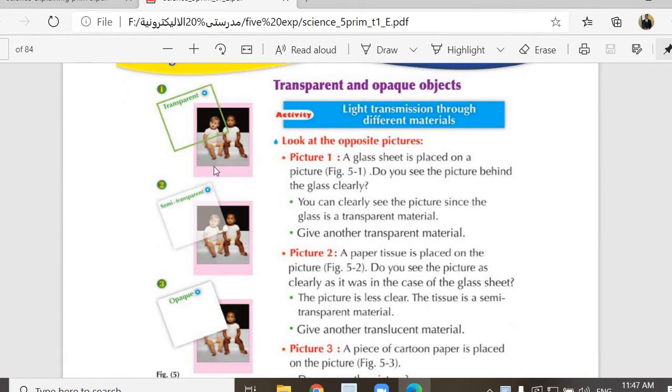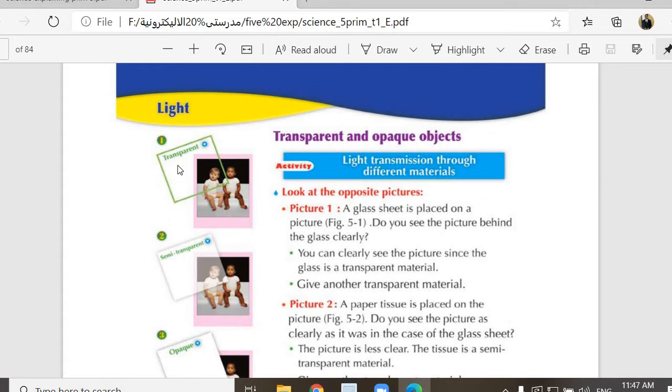As you see with me, we can see these two boys clearly, we can see them less clearly, and we can't see them. What's the reason for this? The reason is that light cannot transmit through opaque materials, it can slightly transmit through semi-transparent materials, and it easily transmits through transparent materials.